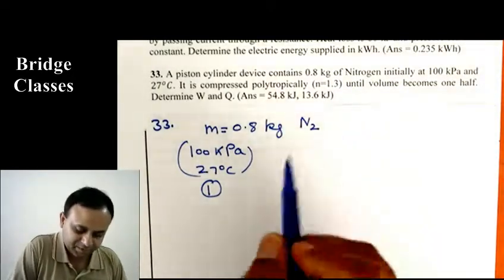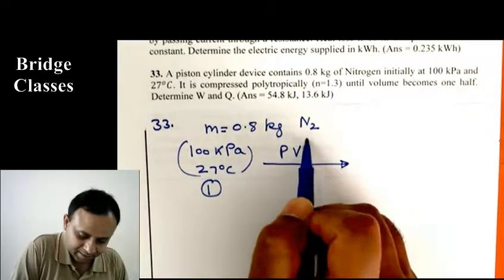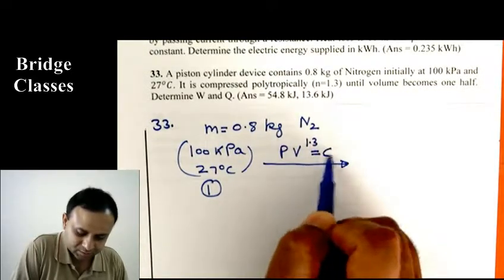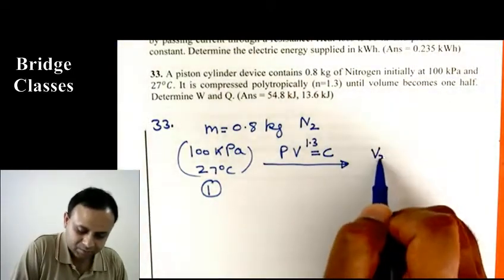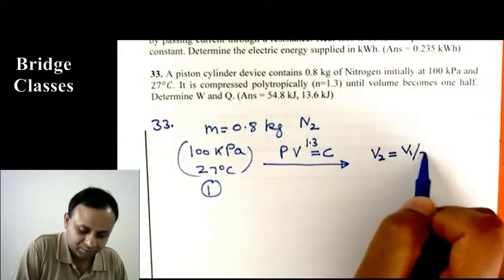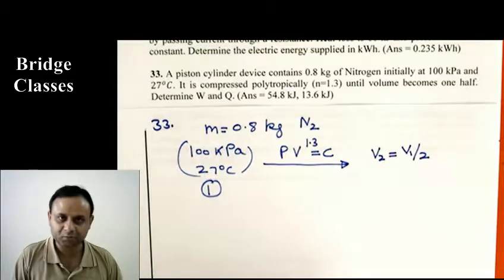And it is compressed polytropically. So the process is PV^n equals constant, with n equal to 1.3, until the volume becomes 1/2. So its final volume is half the initial volume. We have to determine W and Q.